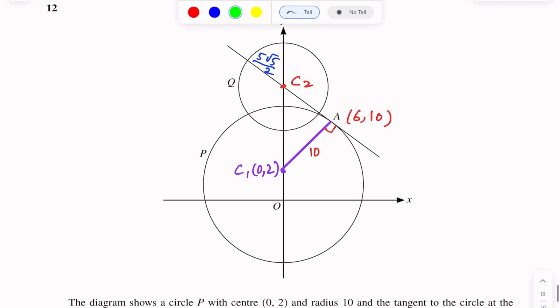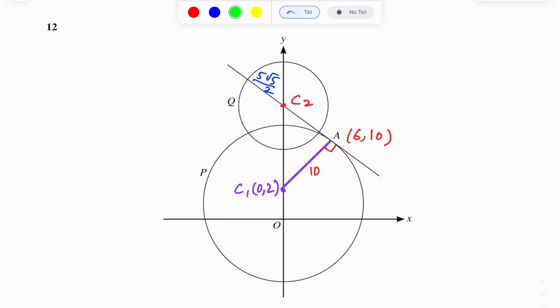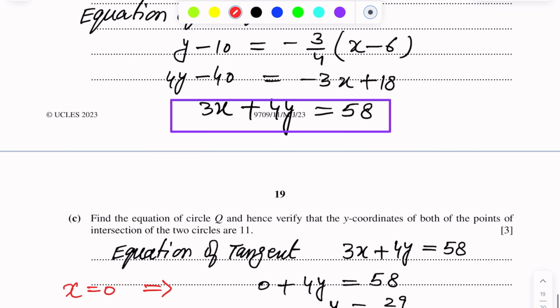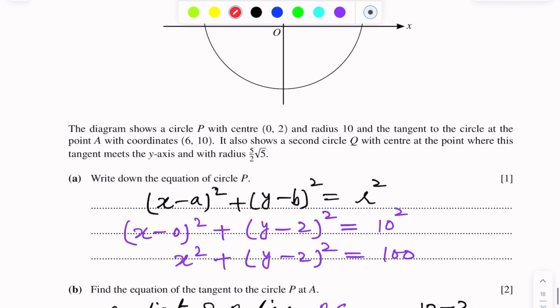We can write here the coordinates of the center C2: x is equal to 0, y is equal to 29 over 2.